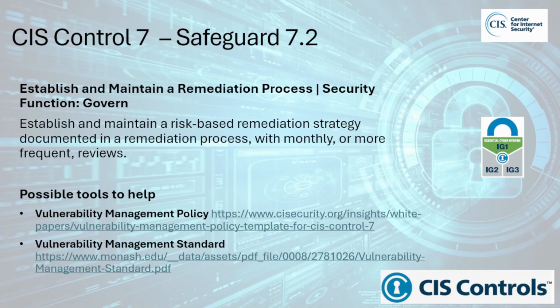Once vulnerabilities are identified, typically through scanning or threat intelligence, they must be evaluated, prioritized, and resolved within specified timeframes. The process should include risk-based prioritization, assignment of responsibility, defined remediation timelines, and tracking and verification of fixes. The goal is to ensure vulnerabilities are not just discovered, but actually fixed in a consistent and timely manner.